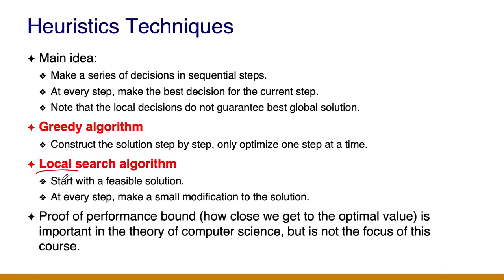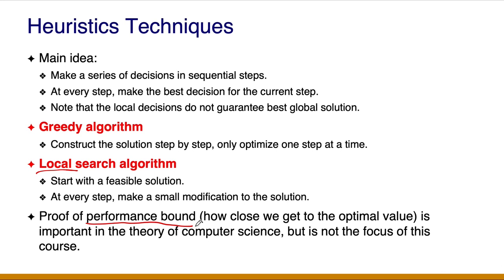Okay, so again, over here, if you are serious about designing heuristics, usually for each and every algorithm that you provide, you have to prove the performance bound. It means how bad, in the worst case, your algorithm will perform, right? But again, for the purpose of this class, our purpose over here is to use the concept and apply it in real-world decision making or real-world algorithm design, right?